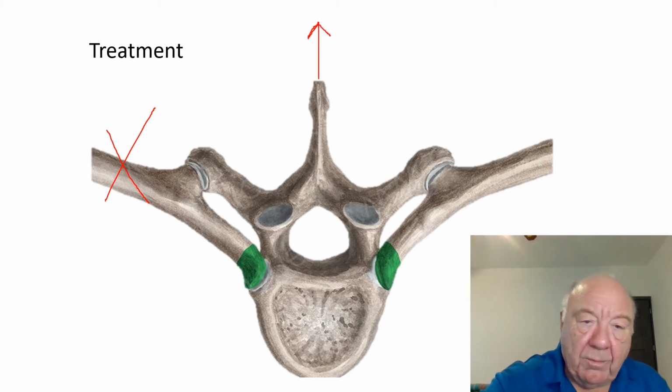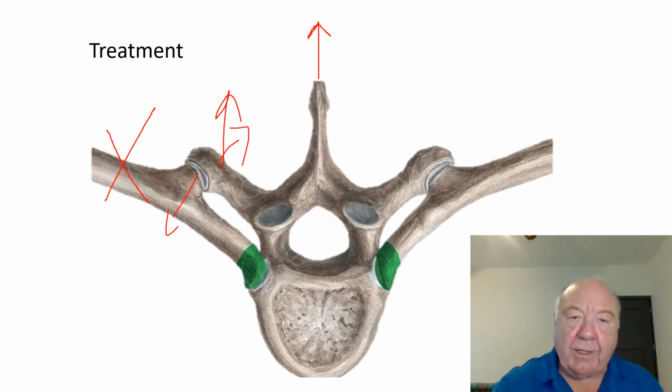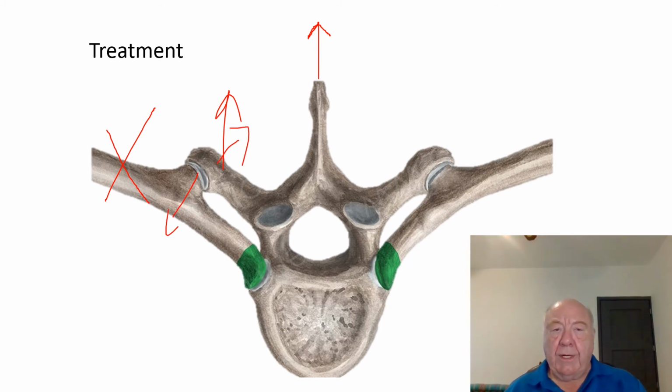So we're moving that in that way, and it's going to gap that joint like so. And as I say, it's a nice, easy technique. The nice thing about it is you almost always get little pops out of this when you get it. So everybody's happier when it's done than when it's not done. And it's very effective. So that's the principles of the technique we're going to be using here.